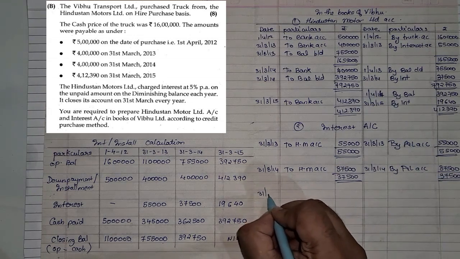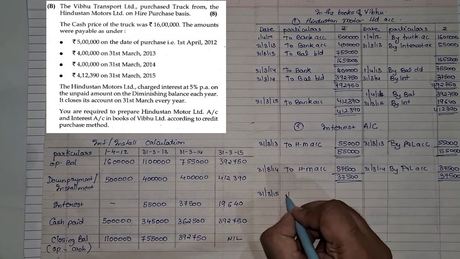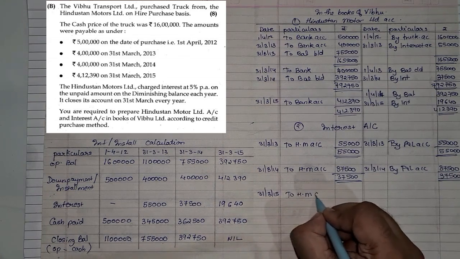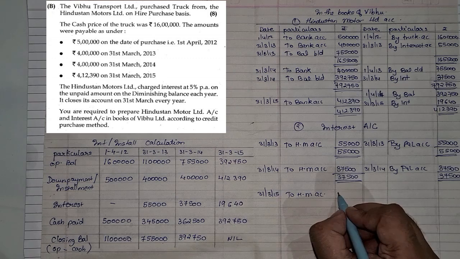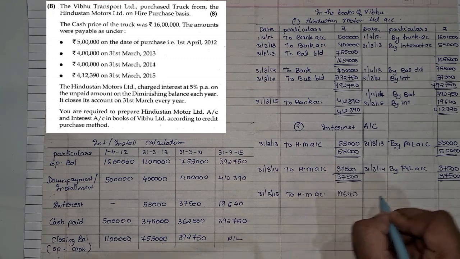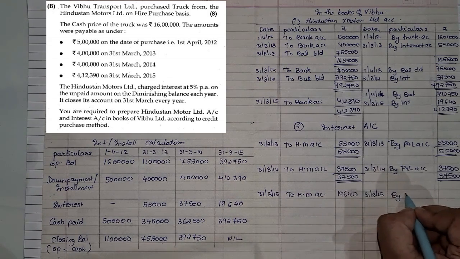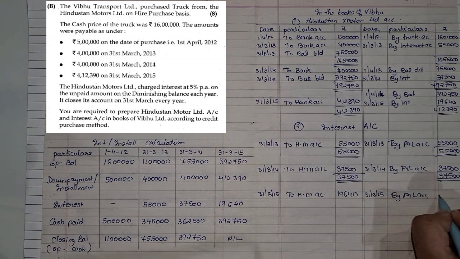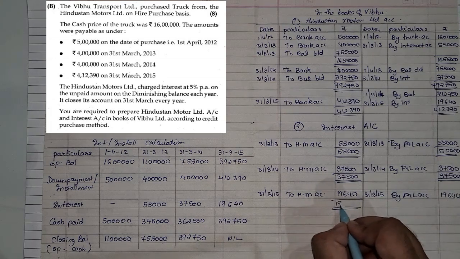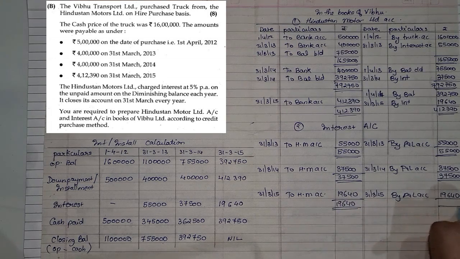Now 31st March 2015, to Hindustan Motors account, the third year it was 19,640. So same date on the opposite side, by P&L account, 19,640. I tally it, and that's it. With that, this particular account is also done.